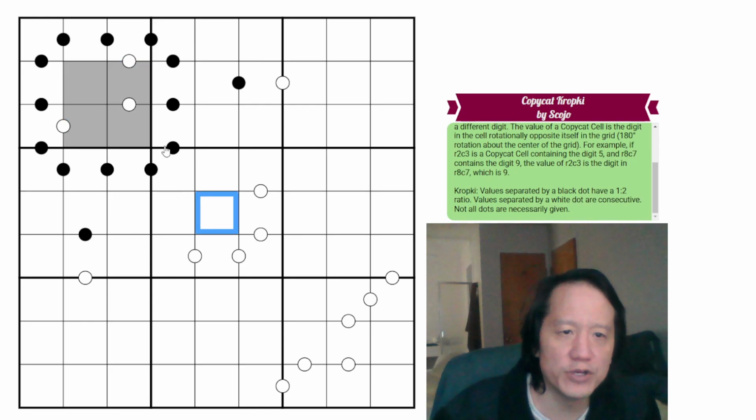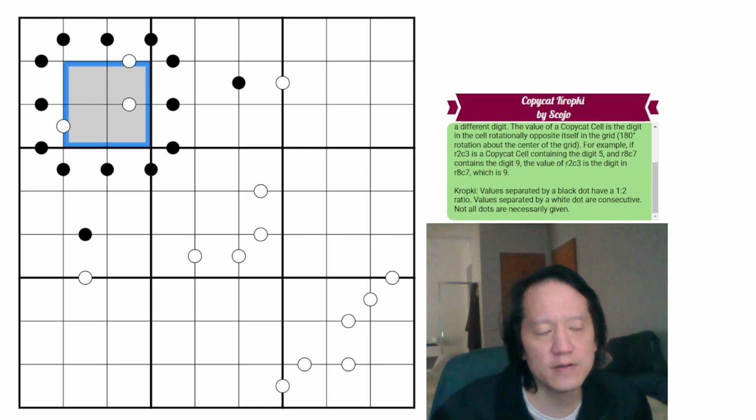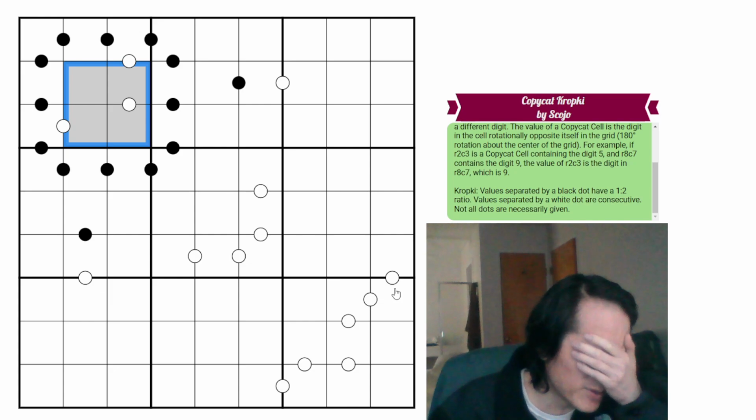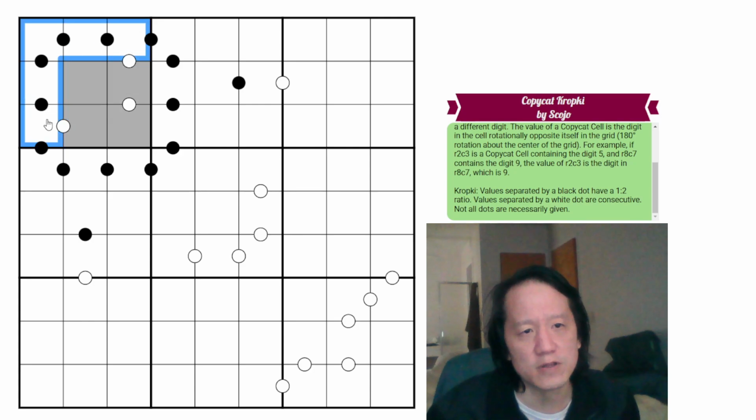In addition, we know 1, 2, 4, and 8 have to be in 4 of these cells to maintain a 1 to 2 ratio.